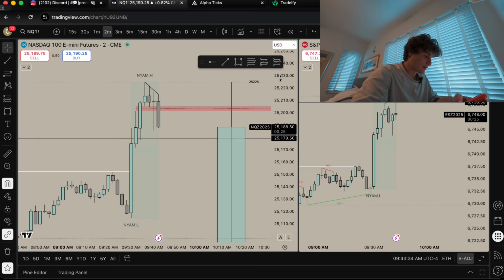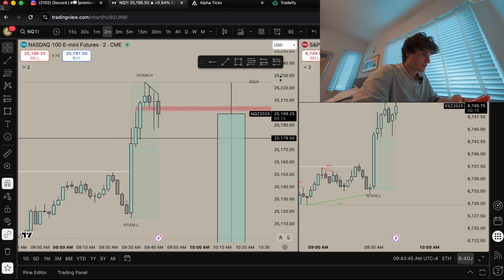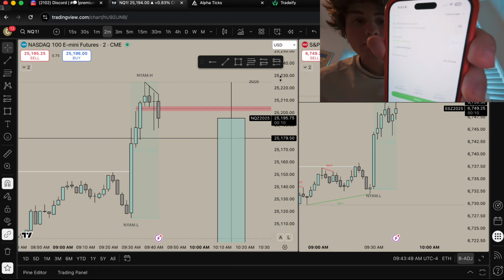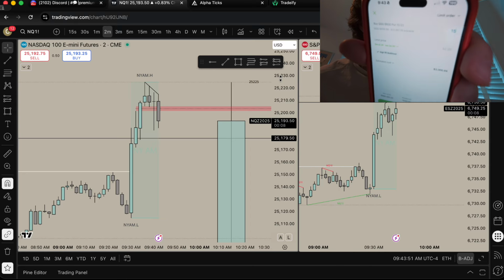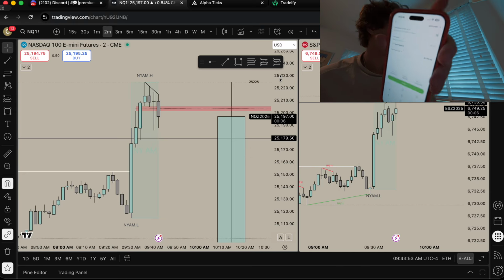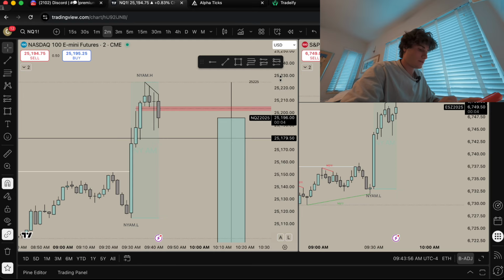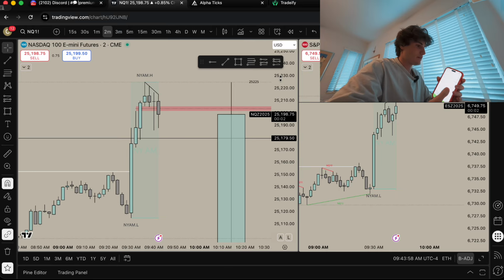Okay, let's run this. We're gonna run this 600 put. Okay. Gonna buy 10 of them, or 15 of them, as you can see right here. Alright, you see that? Buy 15 of them once we get this close. And let's see, when we get that close.